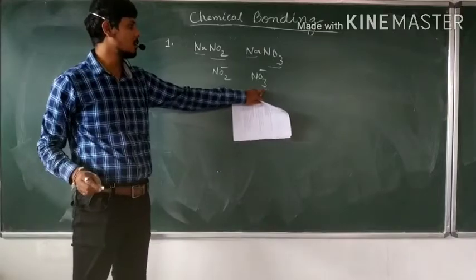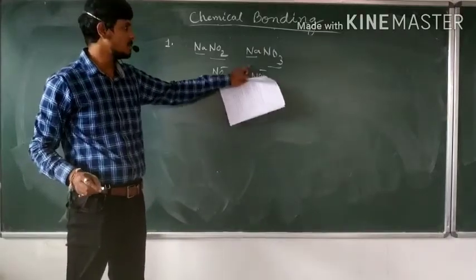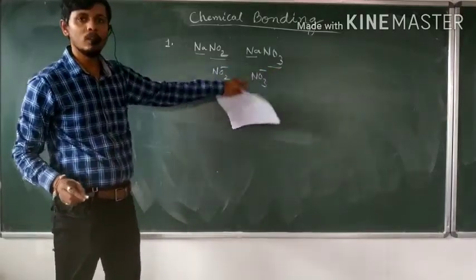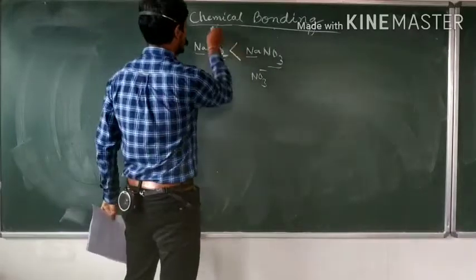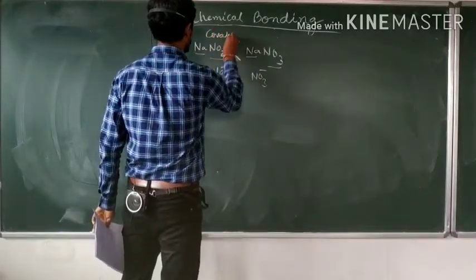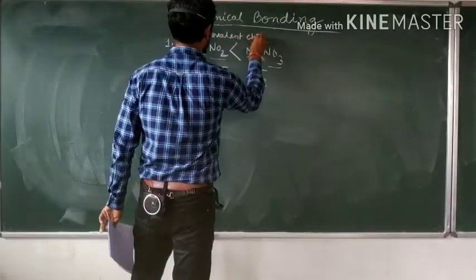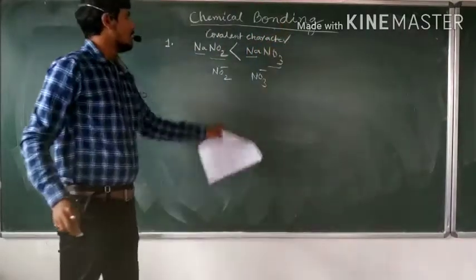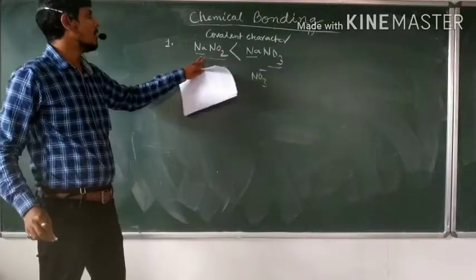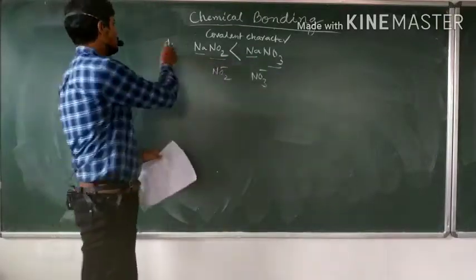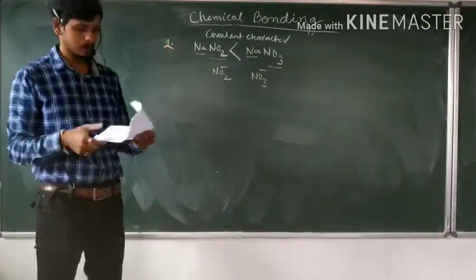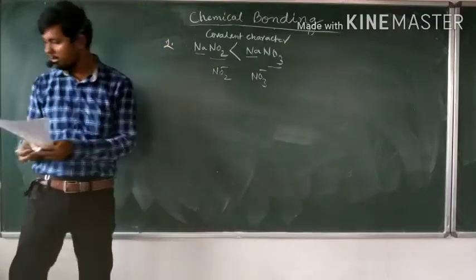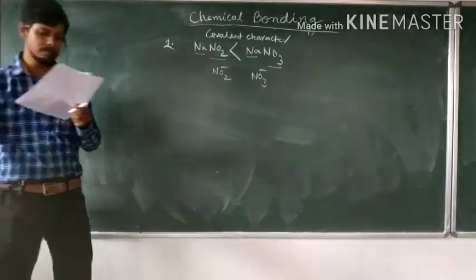Since the anion NO3 negative is larger in size, NaNO3 will be more covalent than NaNO2. So this was question number 2.